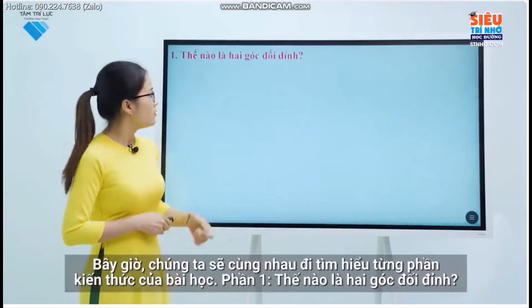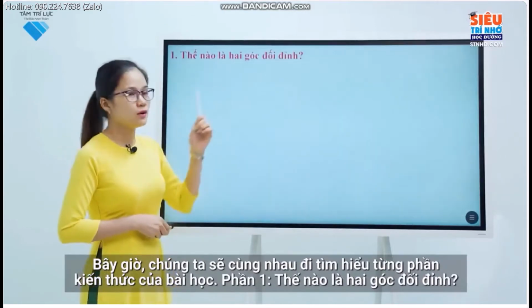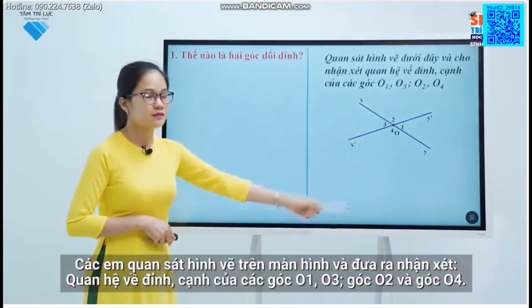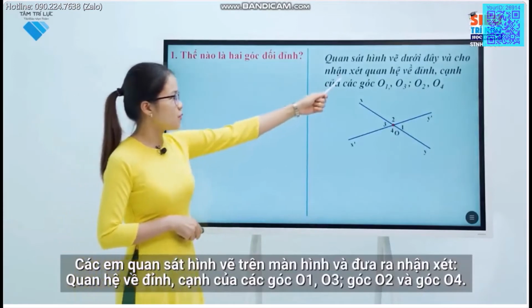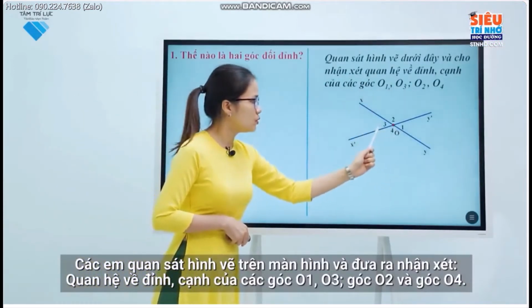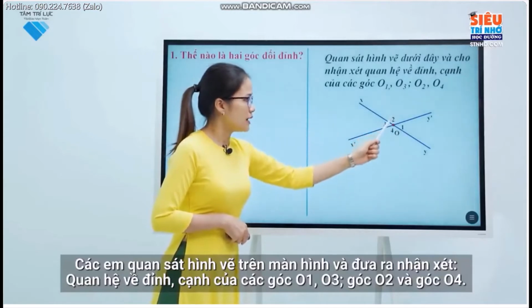Part 1. What does it mean, two vertical angles? Please have a look at the picture on screen and give me your commentary. The correlation between top and edge of angle O1 and O3, angle O2 and O4.